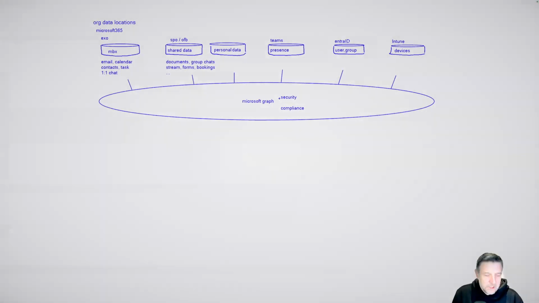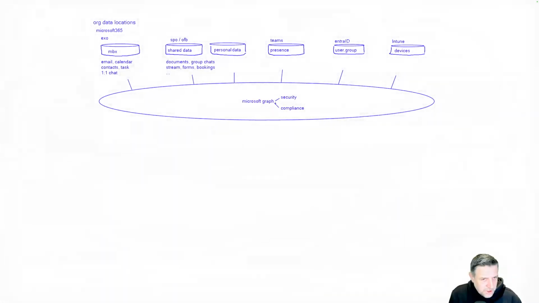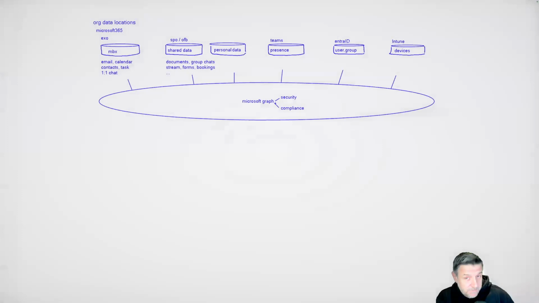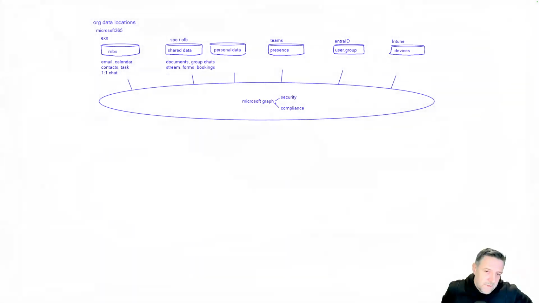So, for example, if you have ever wondered why, if you search for files in Teams, you will only see the results in files that you are allowed to access based on your group membership, maybe, then that is the role of Microsoft Graph. Its role in this part is that it will make sure that users cannot accidentally or on purpose access data that they are not supposed to access.